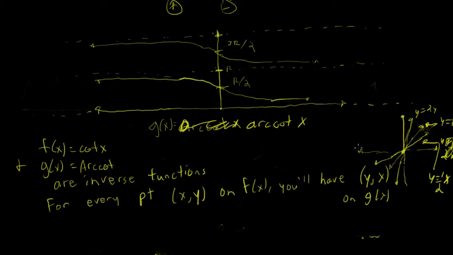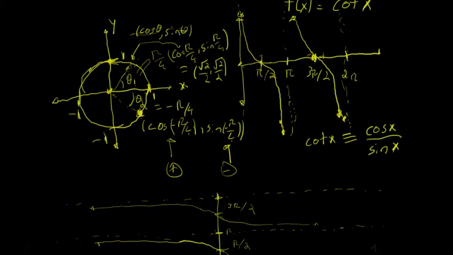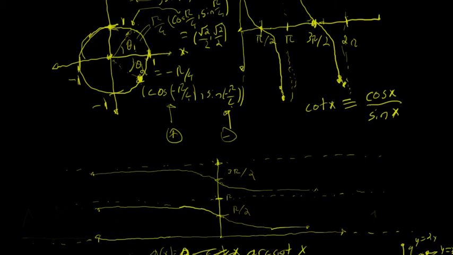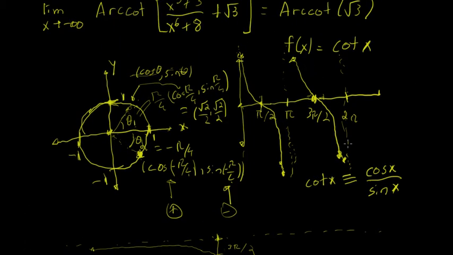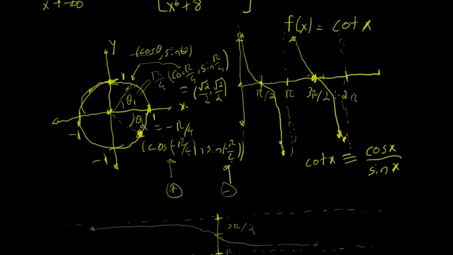Now, there's another way to think of that for cotangent of x and arc cotangent of x. So to get this graph of arc cotangent of x from cotangent of x, you'll have to flip over the line y equals x, and that's kind of hard to see in this case.